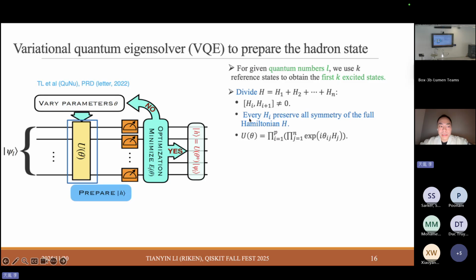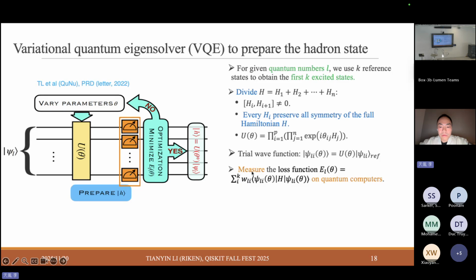That is because we need to preserve the quantum number of the initial reference state. Then the ansatz can be constructed by the alternating evolution using those Hamiltonians. Then we can generate a series of trial wave functions by acting U of theta on the initial reference state. So all of those trial wave functions will have the same quantum number as the target hadron state.